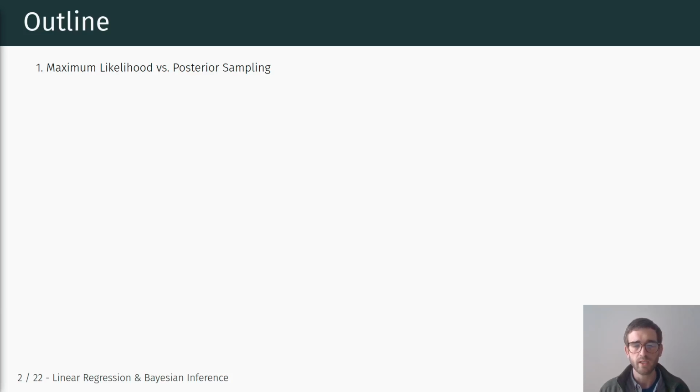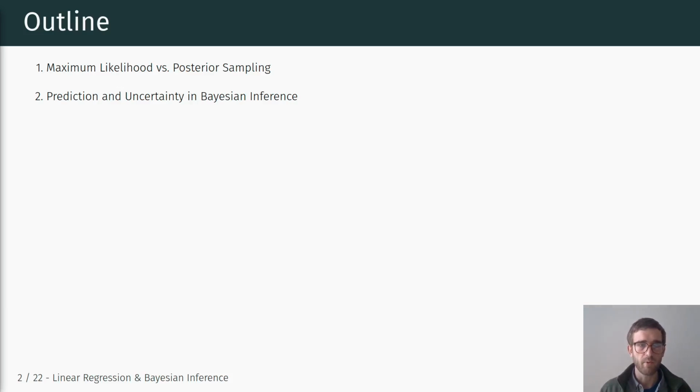The first one will contrast, and we started this discussion in our last Q&A session, but I will summarize the key points and explain them in a little bit more detail, contrasting maximum likelihood estimation in the context of OLS and the idea of posterior sampling to get our estimates and importantly uncertainty around our estimates.